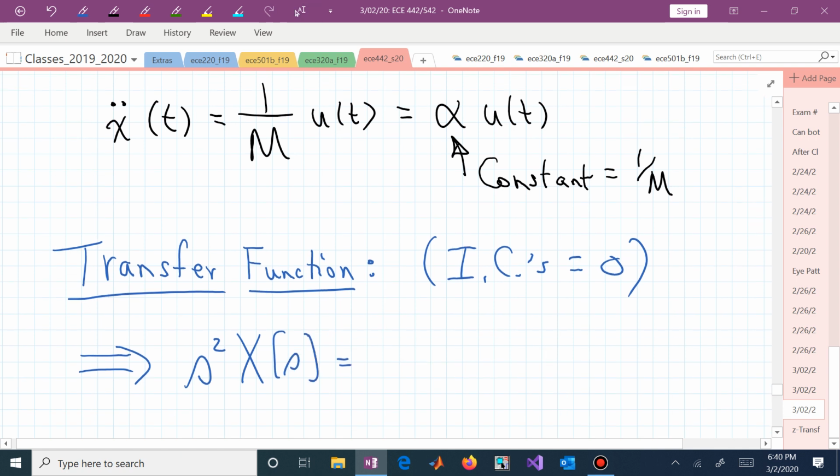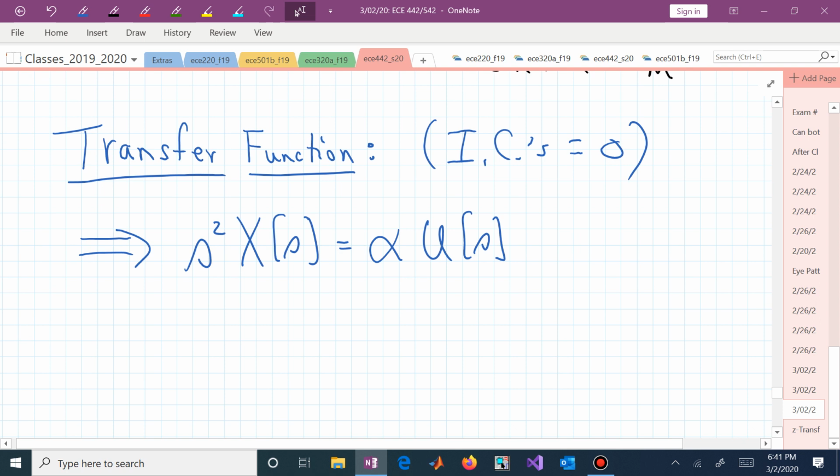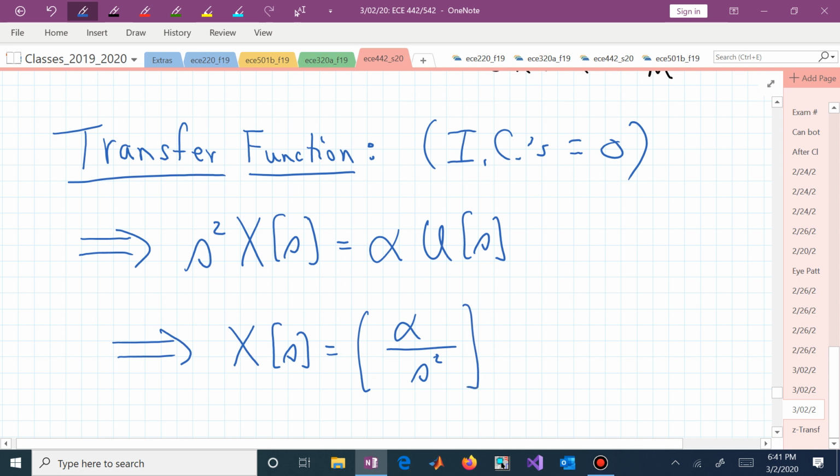And what's the Laplace transform of the right-hand side? That's just the shift key. We're just Laplace transforming little u of t. That's just capital U of s. So this now becomes alpha U of s. Or capital X of s is now alpha over s squared, dividing both sides by s squared, U of s.